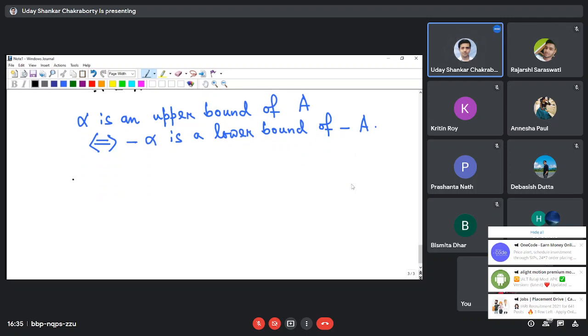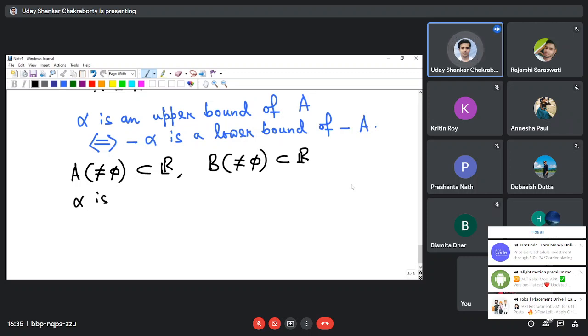Now, next, you have two non-empty sets. Suppose A is a non-empty subset of R, and B is another non-empty subset of R. I know that A and B both are bounded above.